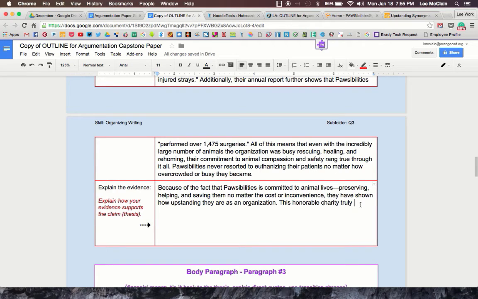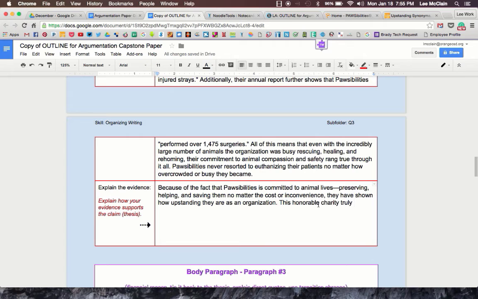This honorable charity, and what I'm trying to say now is like they walk the walk. They don't just talk the talk. They actually do what they say their mission is. They save animals' lives, because a lot of animal shelters do euthanize the animals and kill them if they have too many at the shelter.